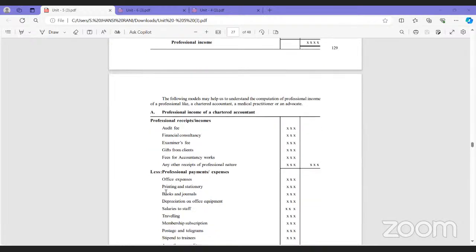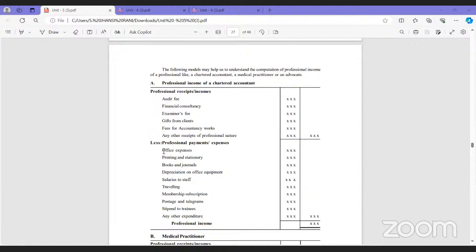And what will be professional payments? Let's look at it here. Professional payments are nothing but office expenses, printing, stationery, books and journals, depreciation on office equipment, salary to staff, traveling expenses, membership subscription, postage and telegram, stipend to trainees. Under chartered accounting, there will be assistants who will be working.